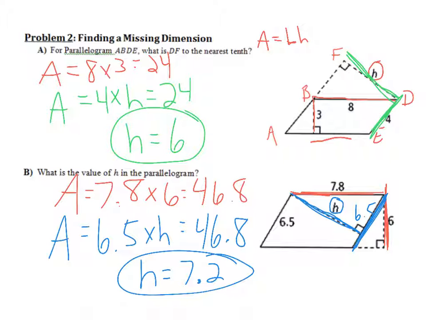So now I've got this base of 6.5 down here. I know that that is the length because this opposite side here is 6.5, and opposite sides are congruent. I'm looking for this height h. Well, 6.5 times h should get me that 46.8. I divide both sides by 6.5, and I get my answer of 7.2.